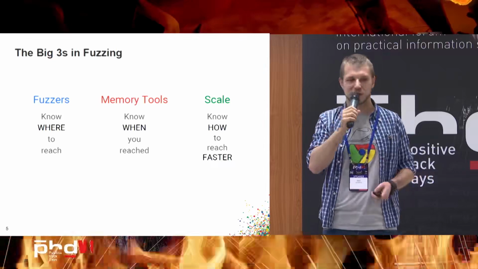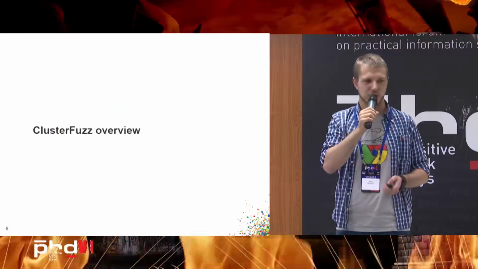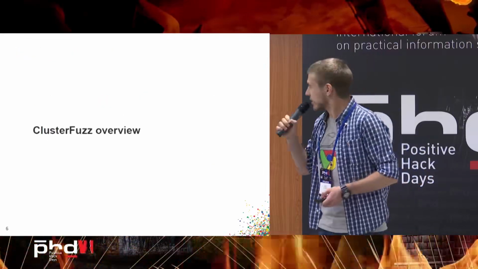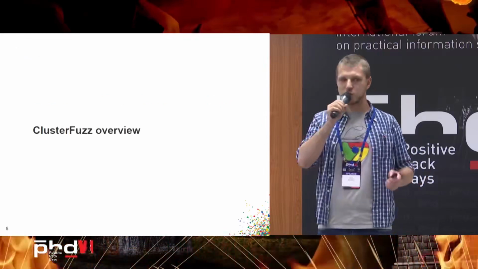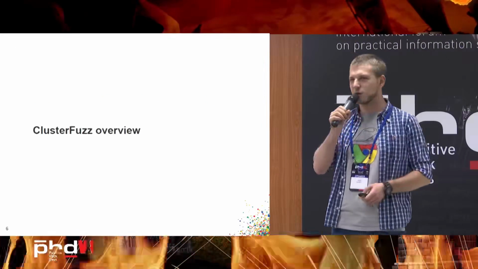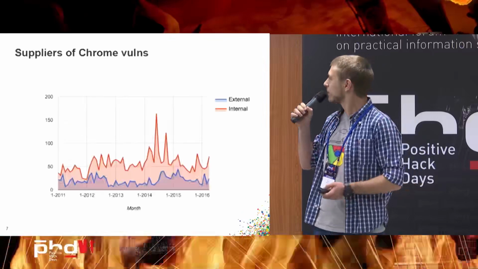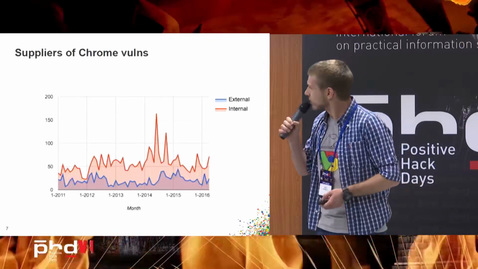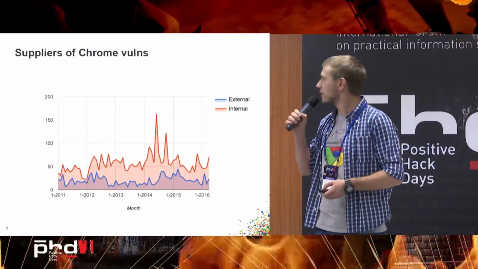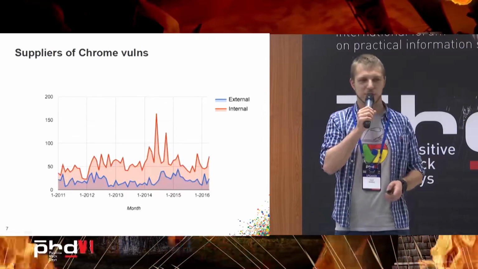Because there is a simple correlation in the world of fuzzing. The more you do and the faster you do it, the better will be the results. So ClusterFuzz is an infrastructure that Chrome is essentially fuzzed within Google.